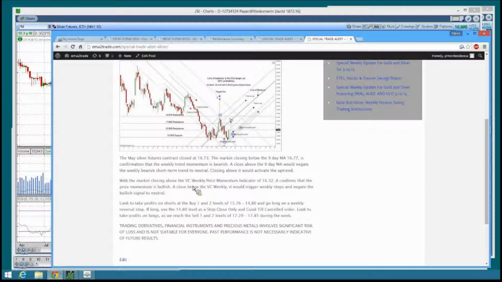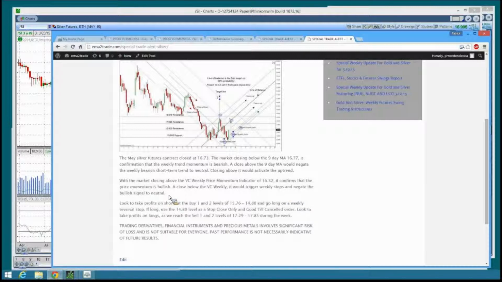With the market closing above the VC weekly algorithm that we use, the VC weekly price momentum indicator of 1632, it confirms that the price momentum is bullish. And a close below it would trigger the weekly stops and negate the bullish signal to neutral.